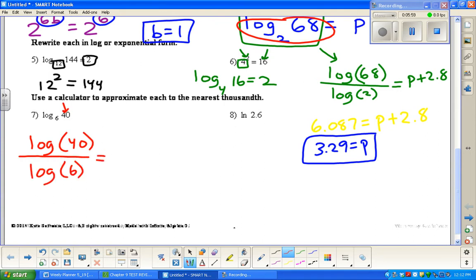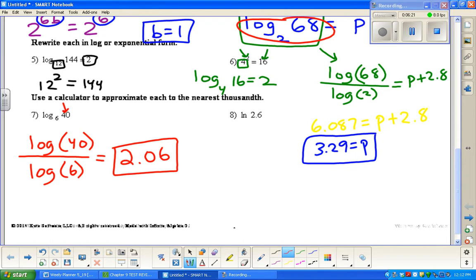And your calculator can do that for you. So again, log 40, make sure you close that parenthesis after the 40, divide by log 6, and you should get around 2.058. I'm going to round it up, 2.06 would be our answer to that. Okay, so 6 to that power would equal 40. That's kind of what we're saying here.